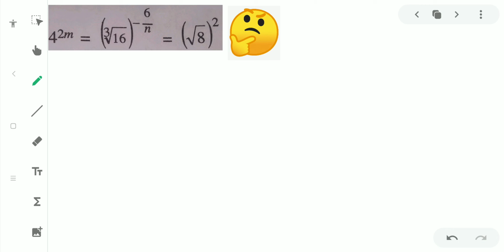Now I will write 4 as 2 square, and power 2m.